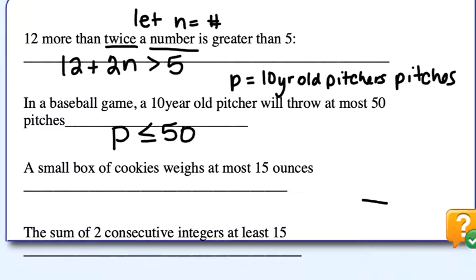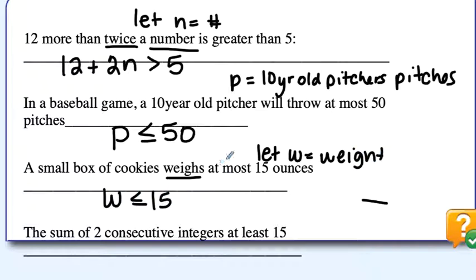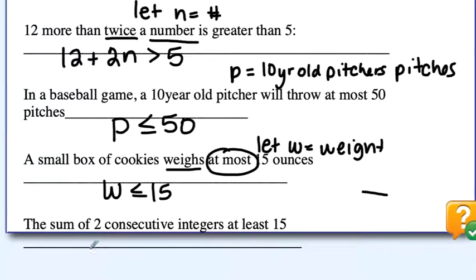Don't want them to throw their arm out at age 10. A small box of cookies weighs at most 15 ounces. So I'm going to let W equal the weight. So then the weight needs to be less than or equal to 15 because it says at most, and at most means less than. All right, this one's a little bit harder.